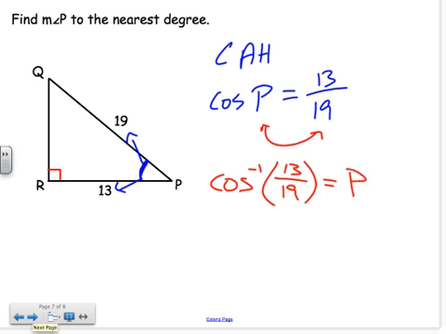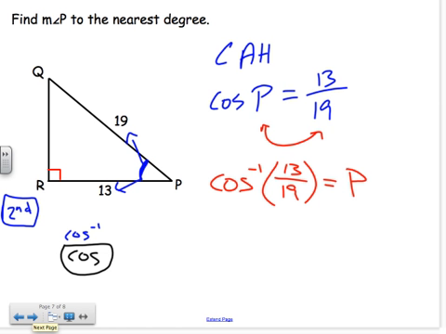Well, how do you do an inverse cosine? If you look carefully on your calculator, here's your cosine button, and in blue right above it, it says inverse cosine. So you have to hit your second button first before you hit the cosine button to give yourself an inverse cosine.